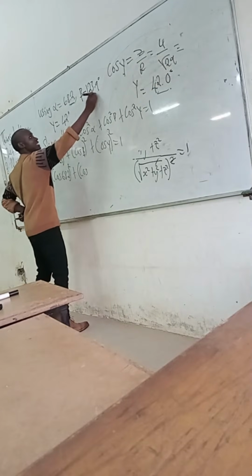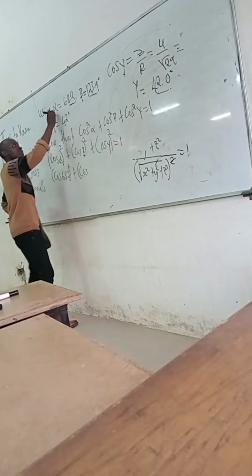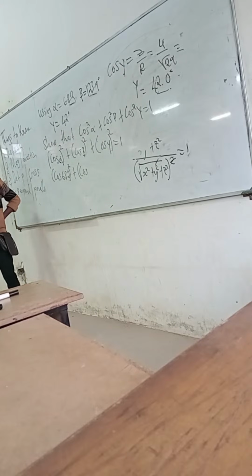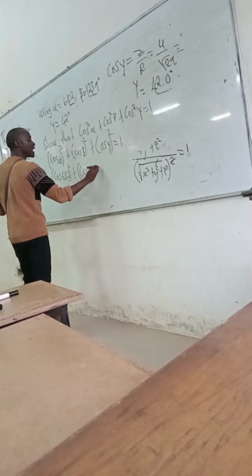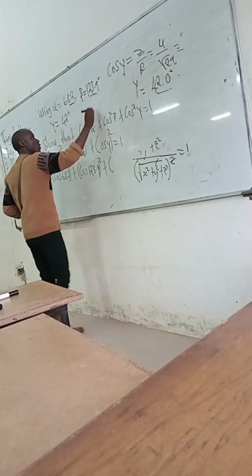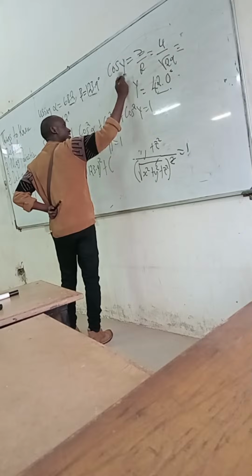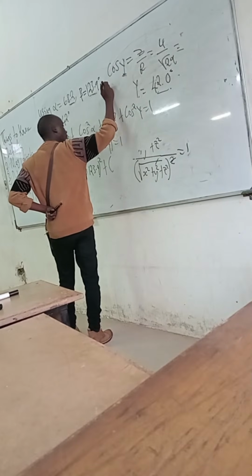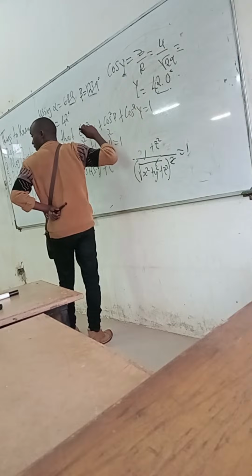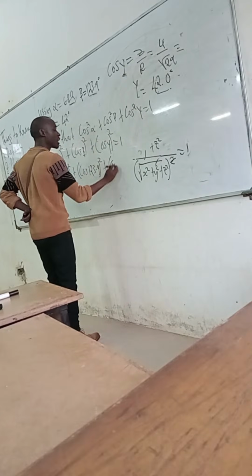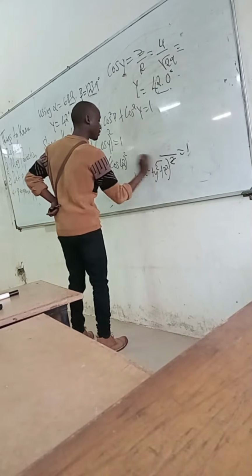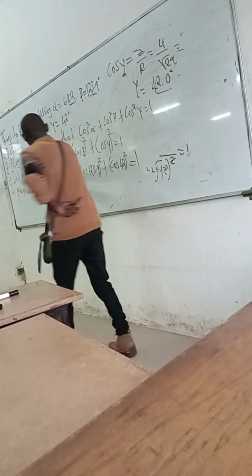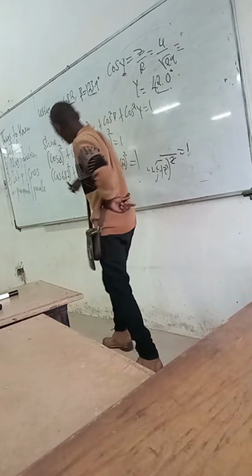What is beta? 123.9. Where there is beta, we just put the angle that's given. So cos 123.9 square plus, what is gamma? Gamma is 42. So you say cos gamma square, equals to 1. You are proving that whatever you do, this side gives you 1.